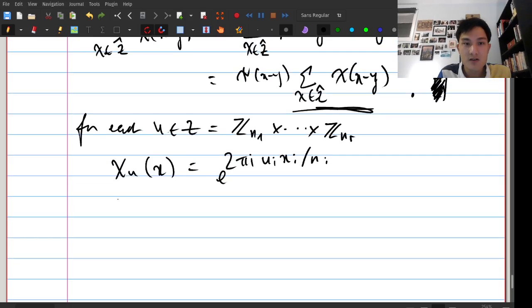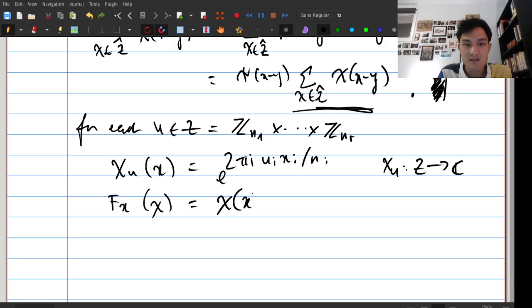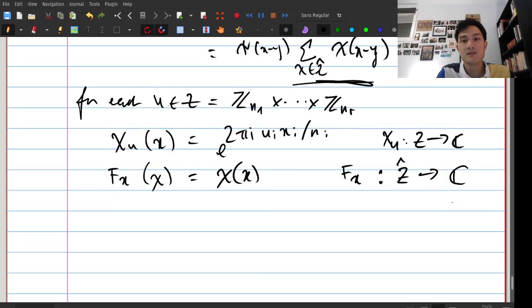But this chi u goes from Z to the complex numbers, and we can also get a function from the dual group back to the complex numbers. So we could just do this. f_x of chi is equal to chi of x. Okay, so now f_x goes from the dual, takes homomorphisms and evaluates them to get some complex number.